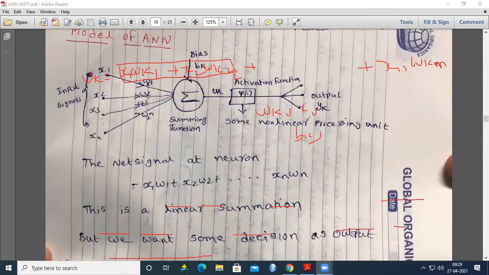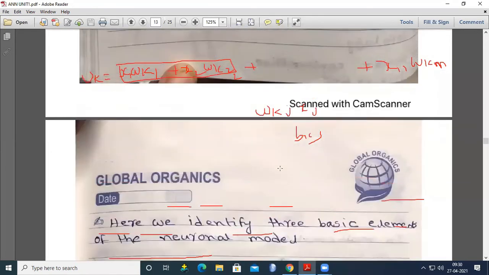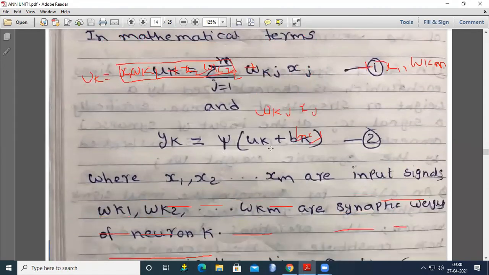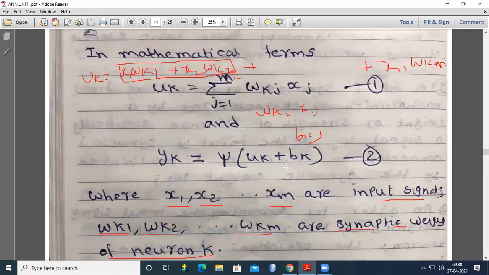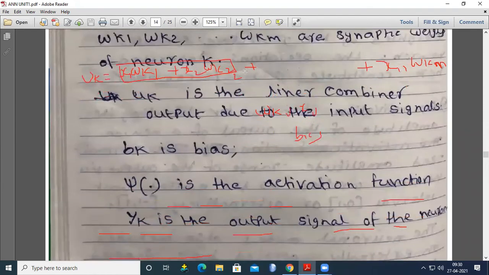These are the synaptic weights, and this is the activation function psi. So the final output is yk equals psi of uk plus bk, where bk is the bias.